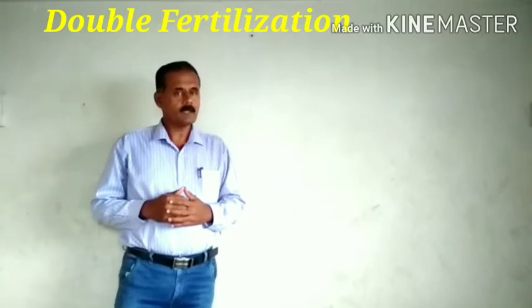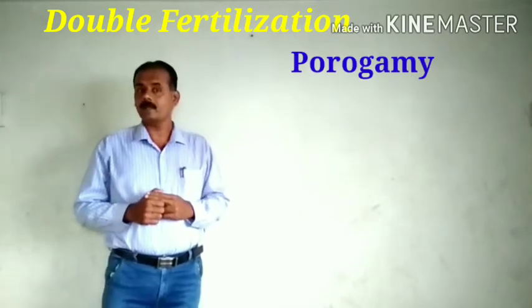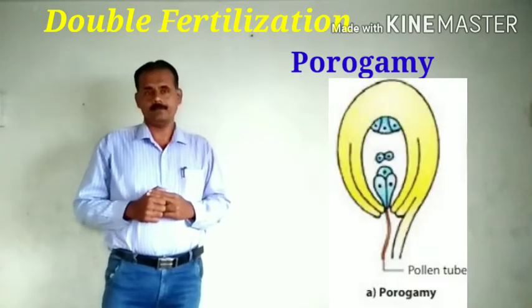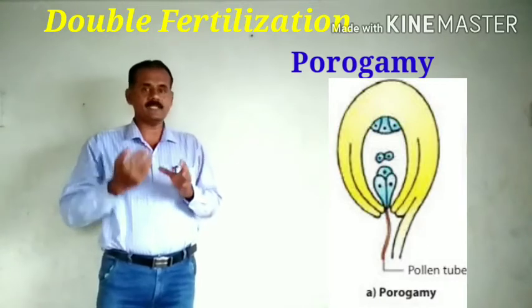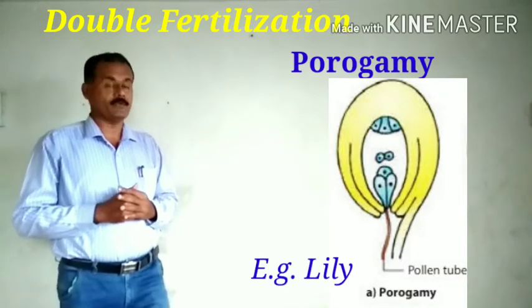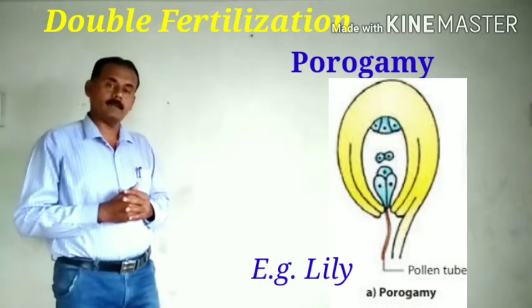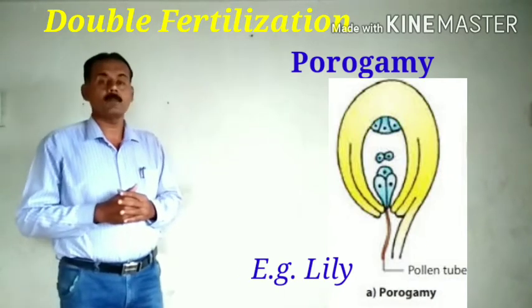First, siphonogamy. Second step is porogamy. What is porogamy? When the pollen tube reaches the ovule, it enters the ovule through the micropyle, which is present towards the funiculus. When the pollen tube enters the micropyle and then the embryo sac, it is called porogamy.